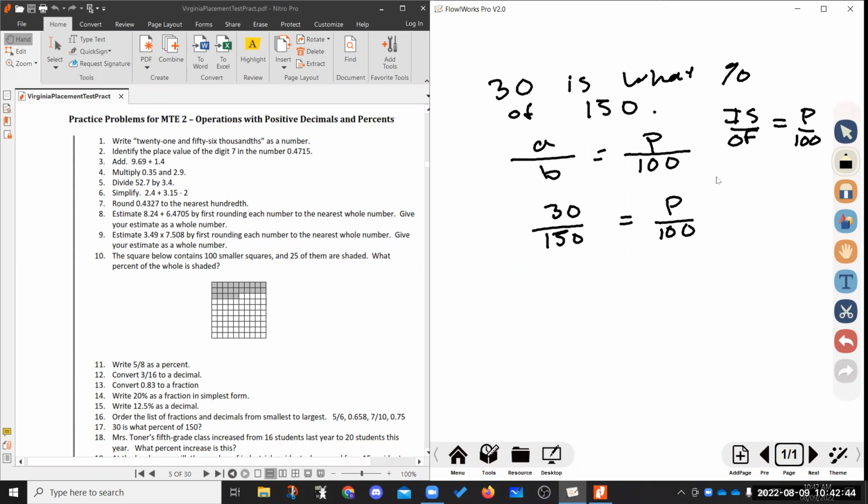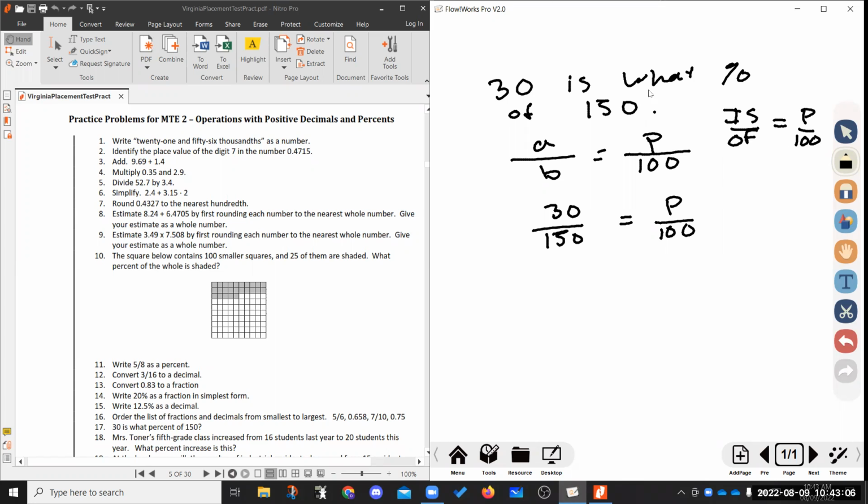This is not my favorite way, but look for the word that's closest to is, look for the word that's closest to of. Those are your amount and your base. And then your P, your percentage, is going to be obvious. It's going to be close to the percent sign, and you're going to put that over 100.